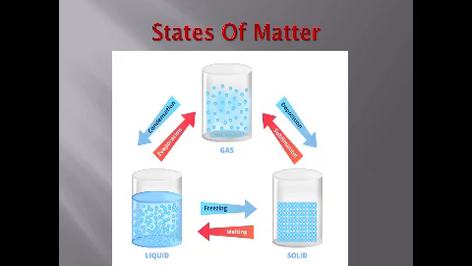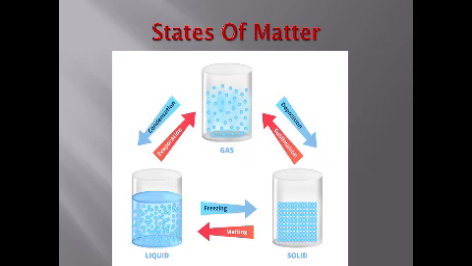If we are using a glass, the liquid takes the shape of the glass. If we are using a bucket, then the liquid takes the shape of the bucket. So a solid example is bricks, a liquid example is water, and similarly gas.